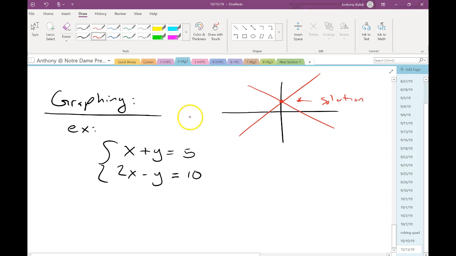So if I wanted to graph something like x plus y equals 5, what would we probably want to do first? I probably want to get the y by itself, so I can write this like a slope-intercept equation, right? So I'll just subtract x from both sides.